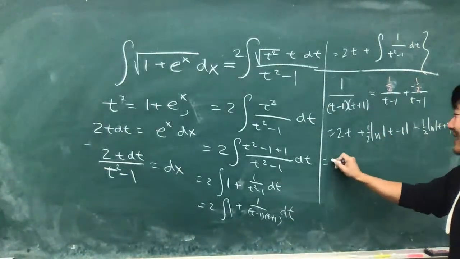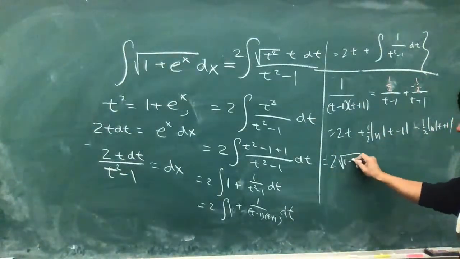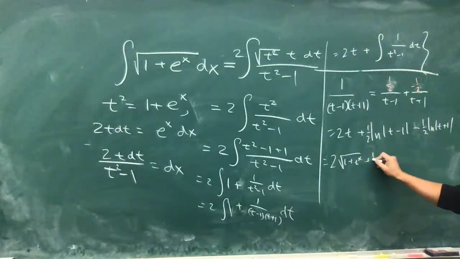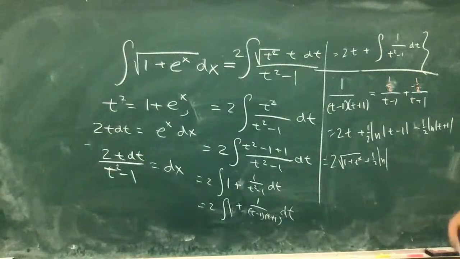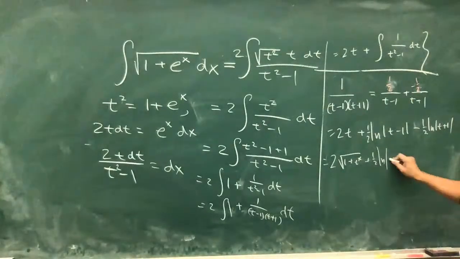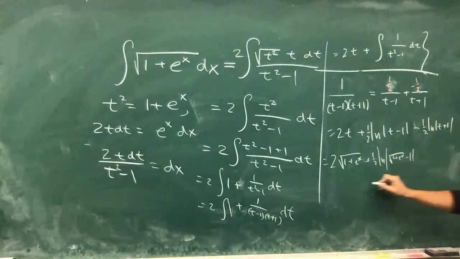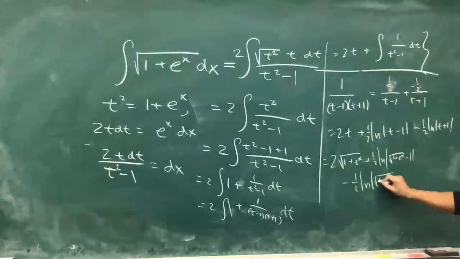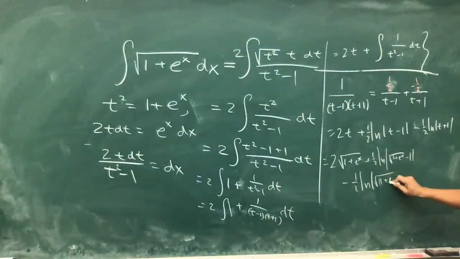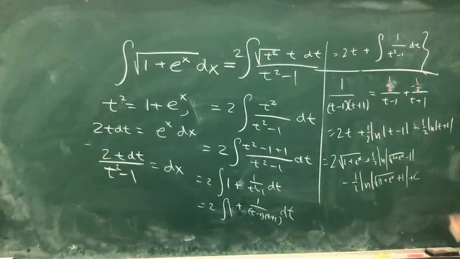So all this is 2 times the square root of 1 plus e to the x, plus 1/2 natural log of the square root of 1 plus e to the x minus 1, minus 1/2 natural log of the square root of 1 plus e to the x plus 1. Oof.